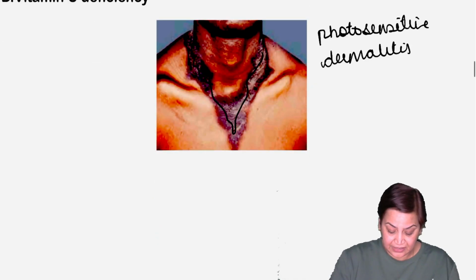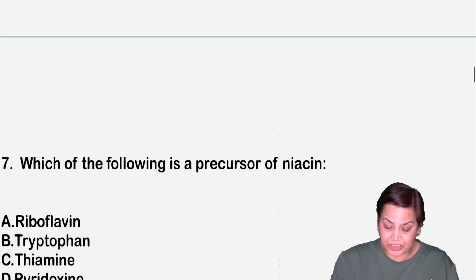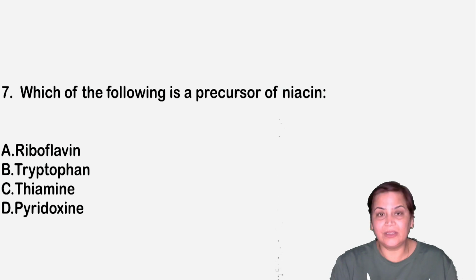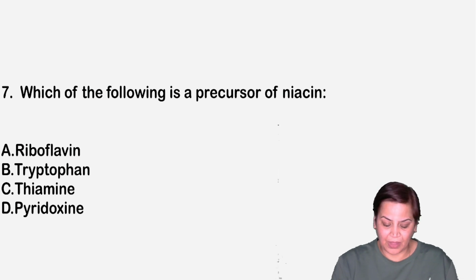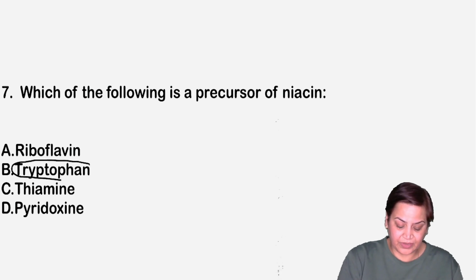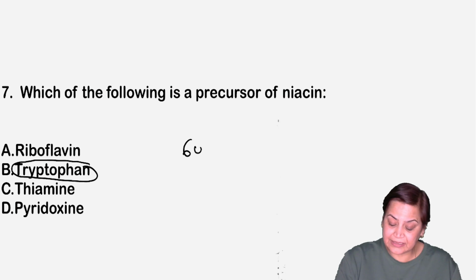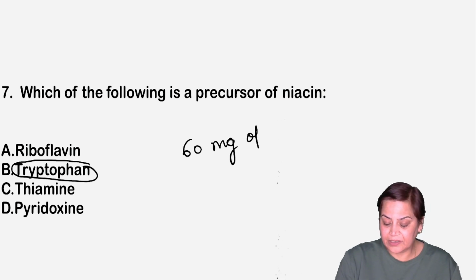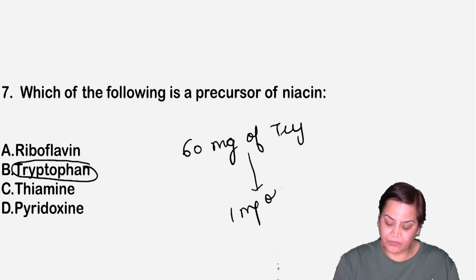That is why, and there was another parallel question on this particular topic, I have written the questions like that only, one followed by the other. Now here you can see, which of the following is a precursor of niacin? It has to be tryptophan. Always remember, 60 milligram of tryptophan synthesizes 1 milligram of niacin.